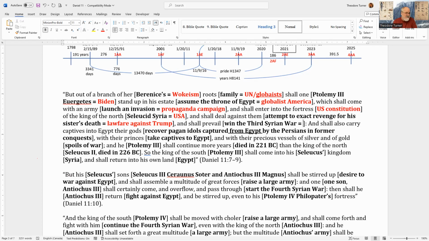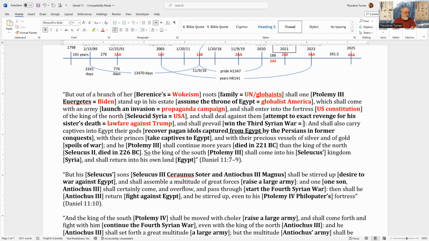So saying that and shall prevail, is that something that's still future to our history, or is this something that has happened? Because this lawfare against Trump has been going on for a long time. But we could say that Biden's already done this, but he did it before the election, before he got elected. And so is this describing his election?